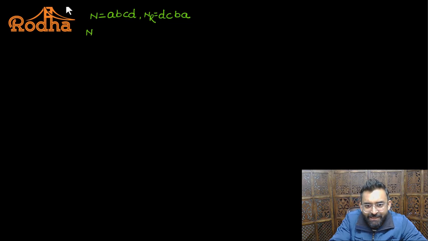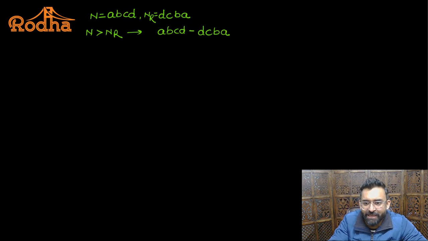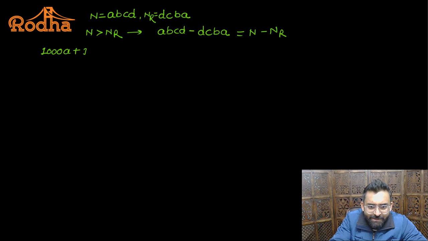If I say N is more than the number obtained after reversing the digits, what am I going to get? ABCD minus DCBA. That is the number minus the number obtained after reversing the digits. A fixed difference I am trying to calculate. So I'll just write once: 1000A plus 100B plus 10C plus D, minus 1000D plus 100C plus 10B plus A. Once you practice this, you don't have to write this particular equation.